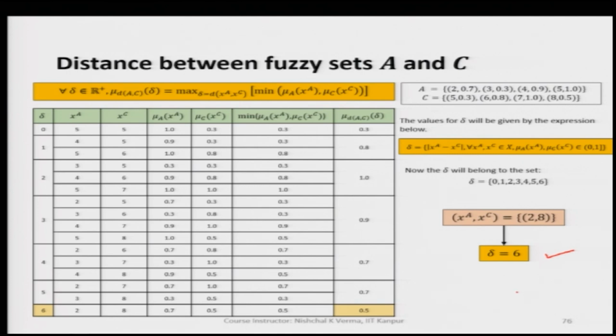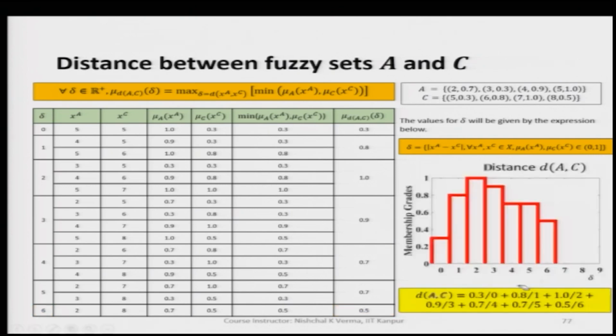The answer is no, because we cannot find any pair here which is responsible for creating the difference of 7. That is why we are not including delta is equal to 7, and we stop here, with entries of delta only up to 6.